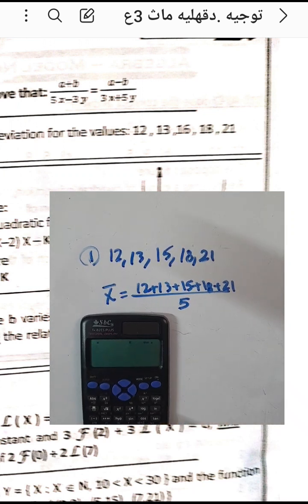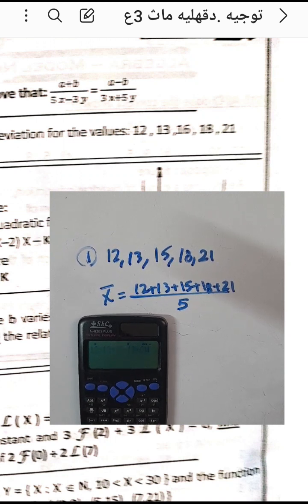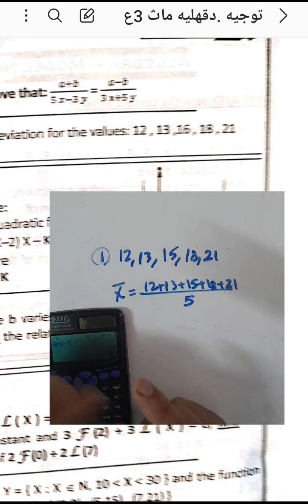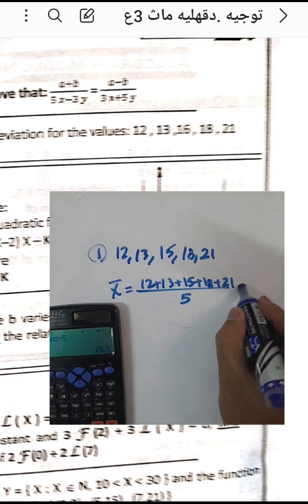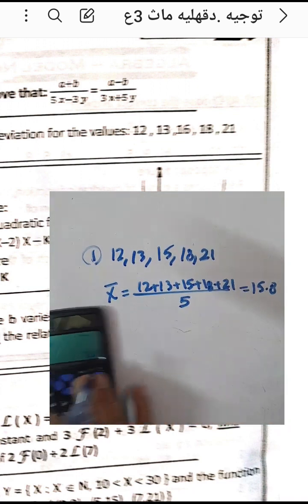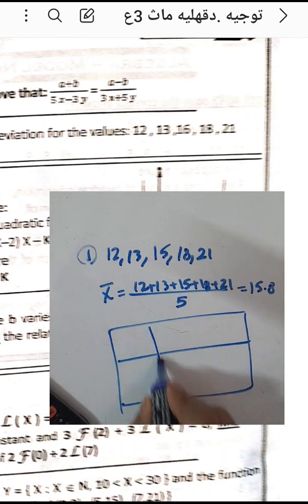Again, 12 plus 13 plus 15 plus 18 plus 21 is 79, divided by 5. It will be 15.8. It's a decimal number.